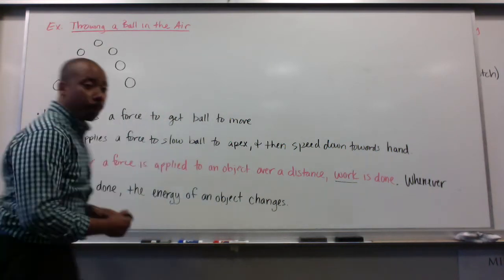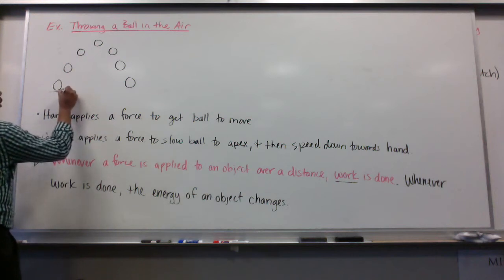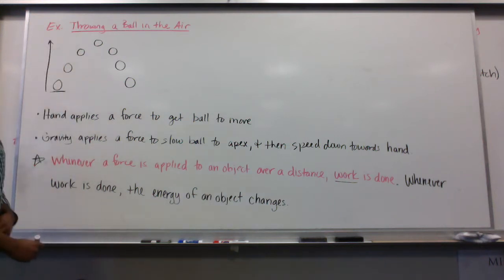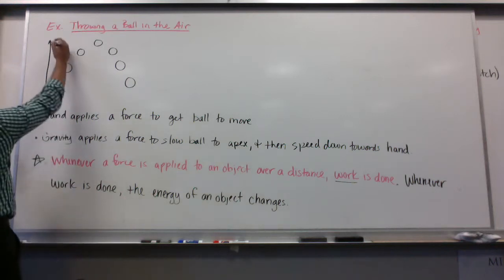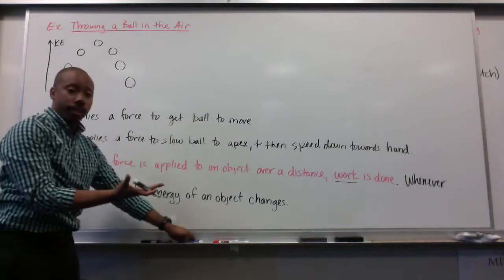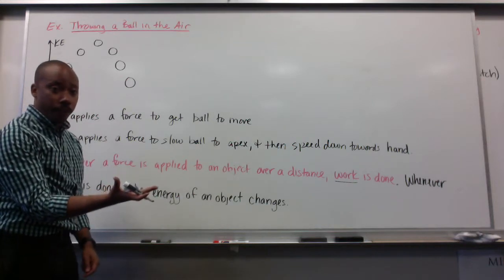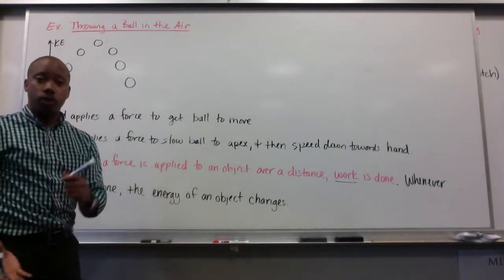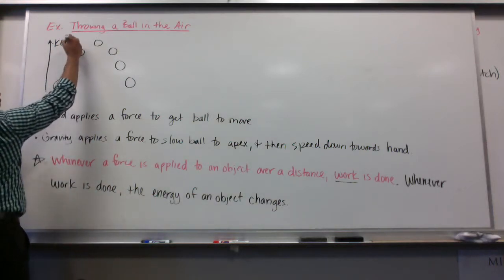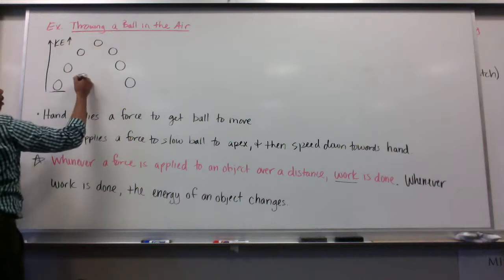As we apply a force to this ball in the upward direction, as the ball travels up, the ball gains motion. It goes from rest in your hand, you apply a force to it, and it gains motion. Kinetic energy is the energy of motion. Kinetic energy increases.